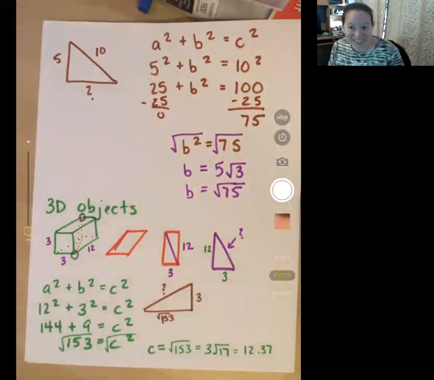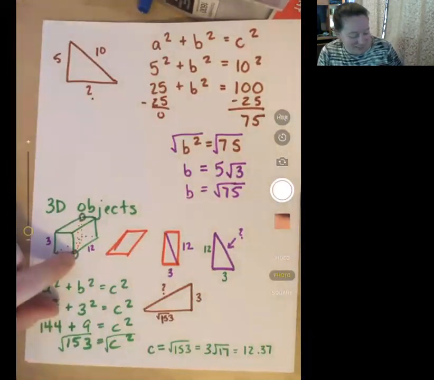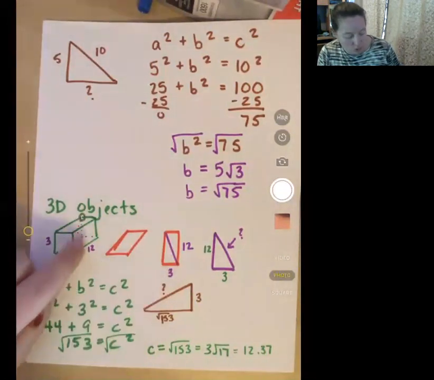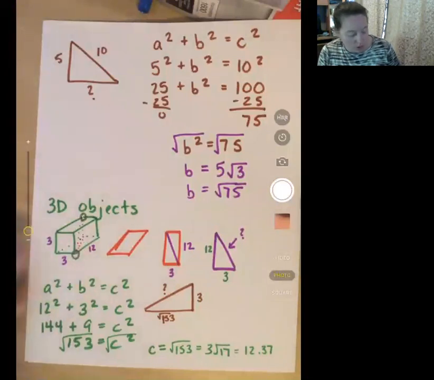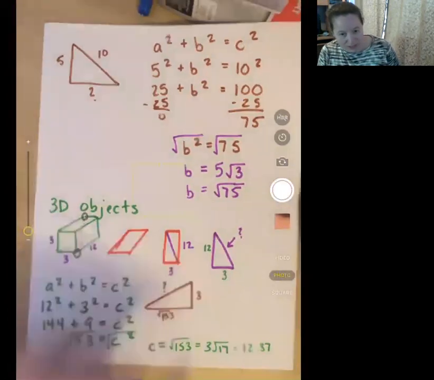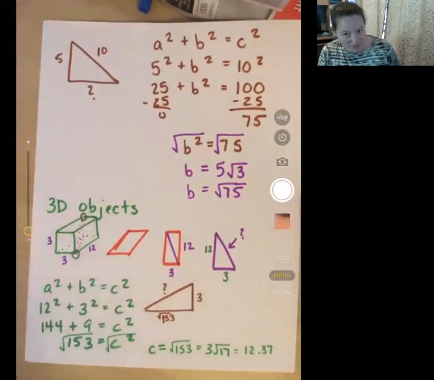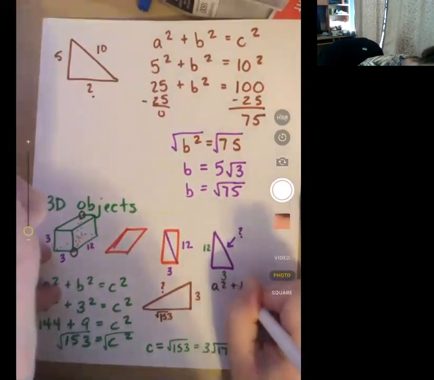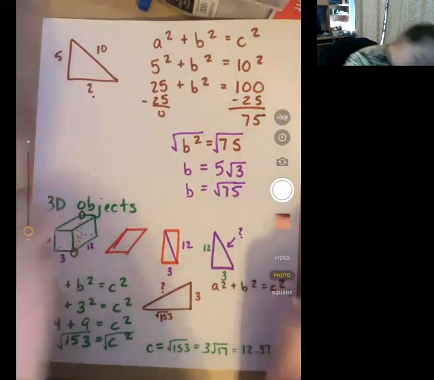Are you with me? Because this is the one that's going from this point to this point, okay? We already know that every line is going to be 3 because it's a rectangle. So going from this point to this point, that is now here to here. Okay? So once again, we take our a squared plus b squared is equal to c squared.